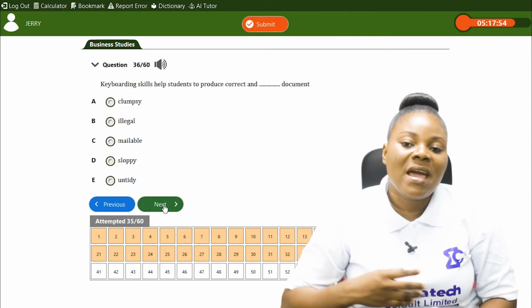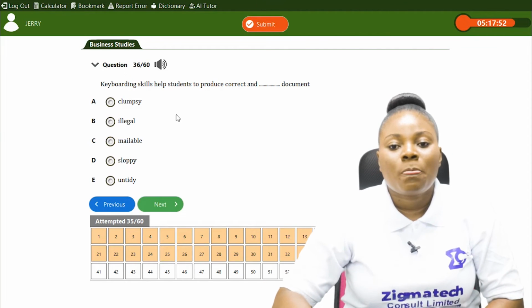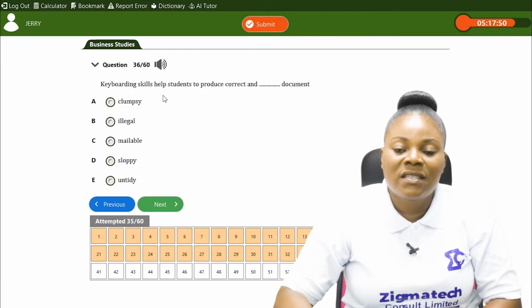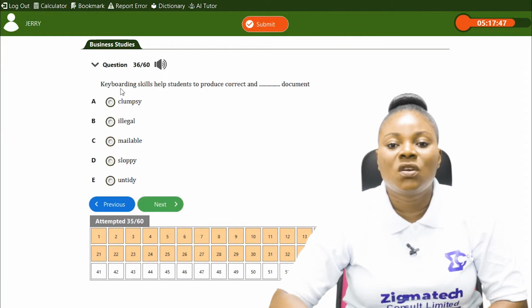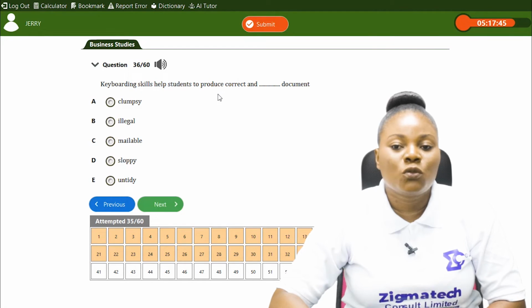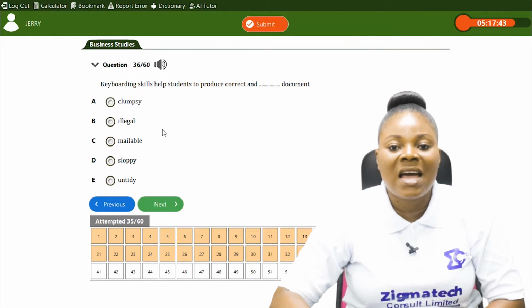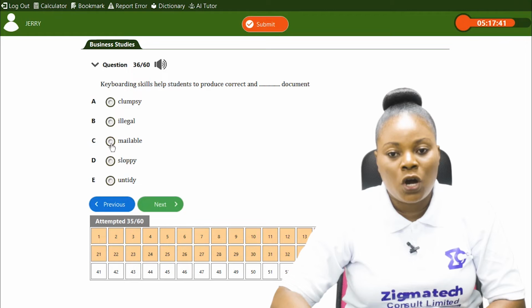One of the main things that you enjoy as a student when you are able to practice your keyboarding skills is being able to produce correct and mailable documents.